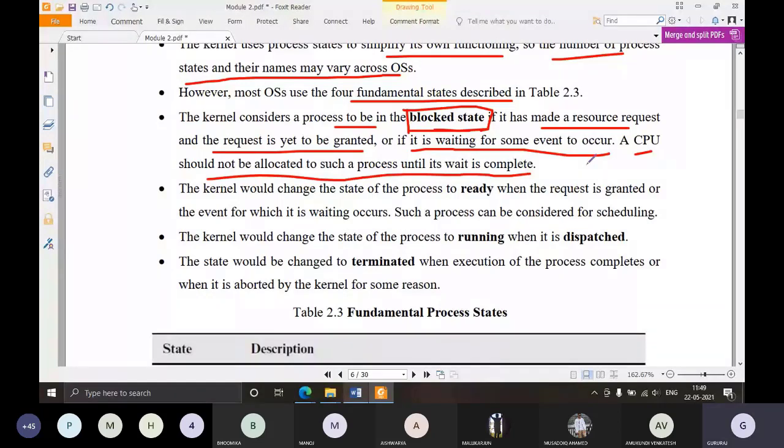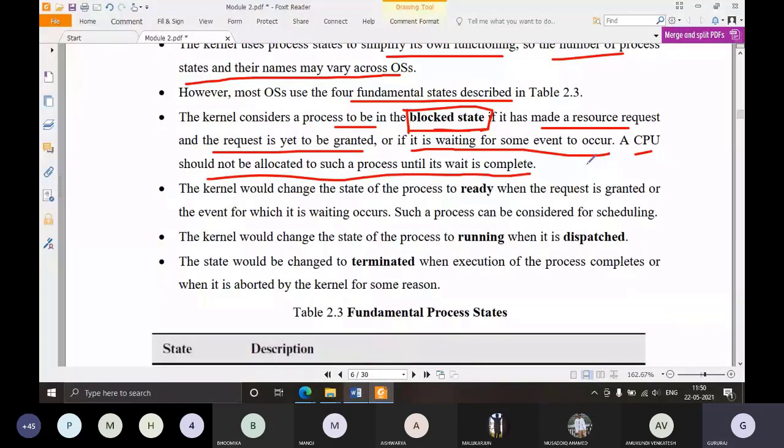Why? Since it is already waiting for an event to happen or a request to be granted, even though you assign the CPU to such processes, they will not be able to continue. They will not be able to execute instructions. Unless and until that request is granted, or the event for which it is waiting happens, it cannot execute the next instruction.